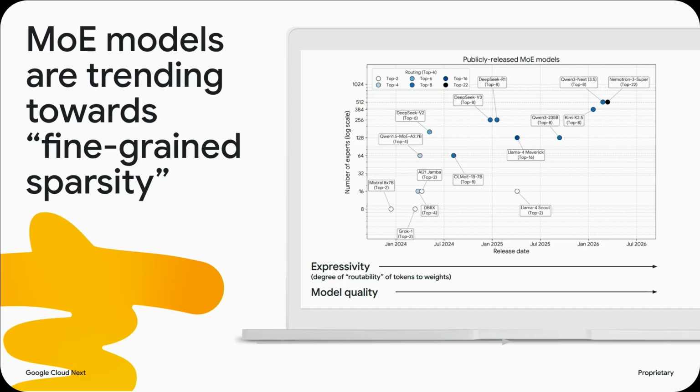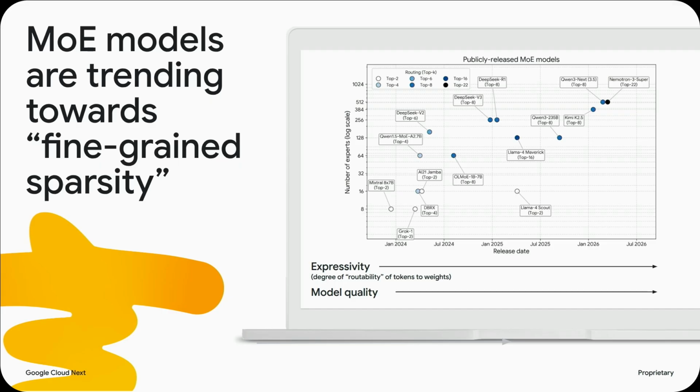A common design pattern for these MoEs is to have each token go to a fixed number of experts. So you might have n total experts, and your MoE routes each token to k of those n experts. This is a figure showing the publicly released MoE models over the last 2.5 years or so.